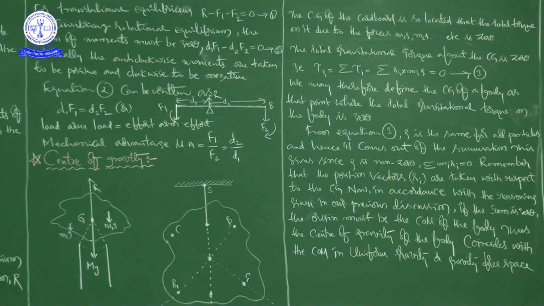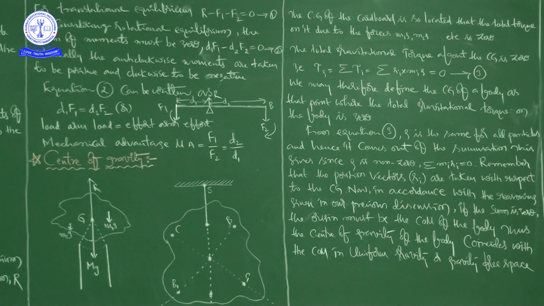Okay, right. So if the effort arm D2 is larger than the load arm, the mechanical advantage is greater than 1, right?